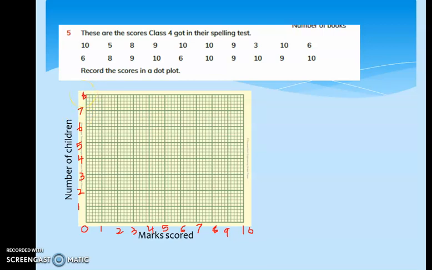So every time you see a score, corresponding to it you put a dot mark here.